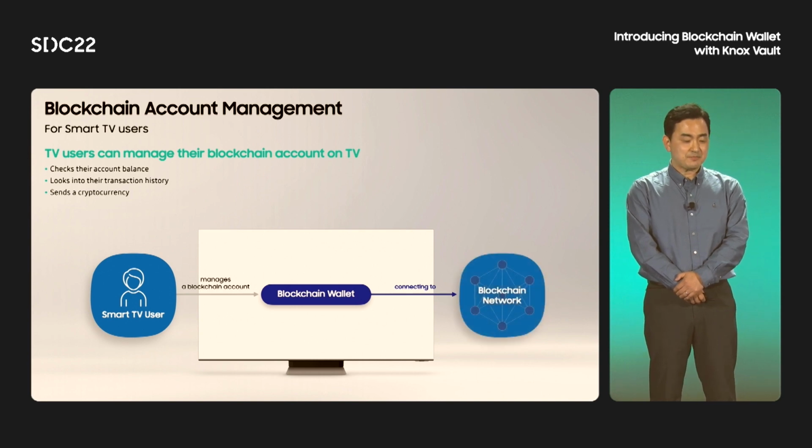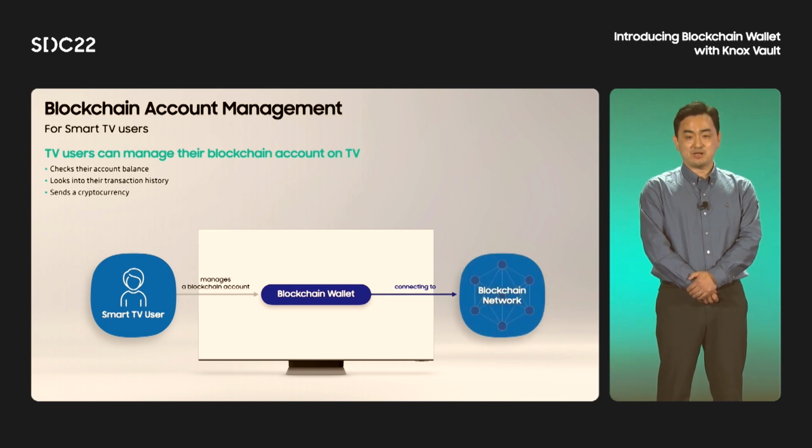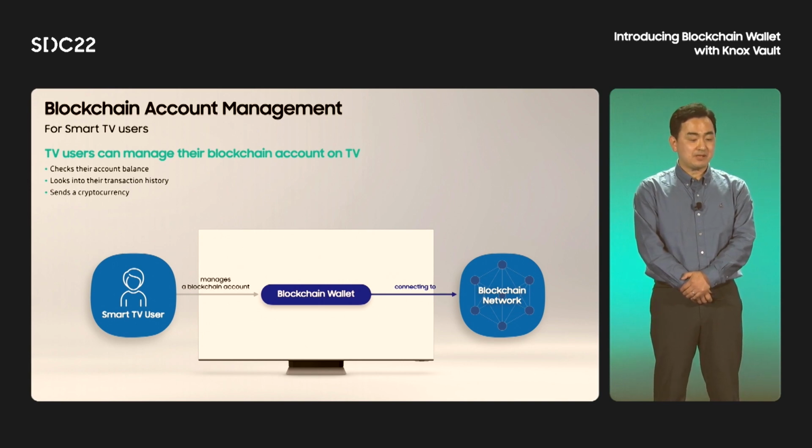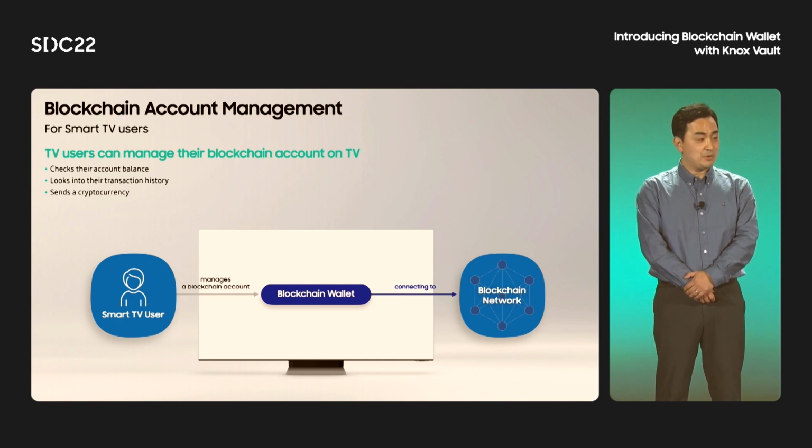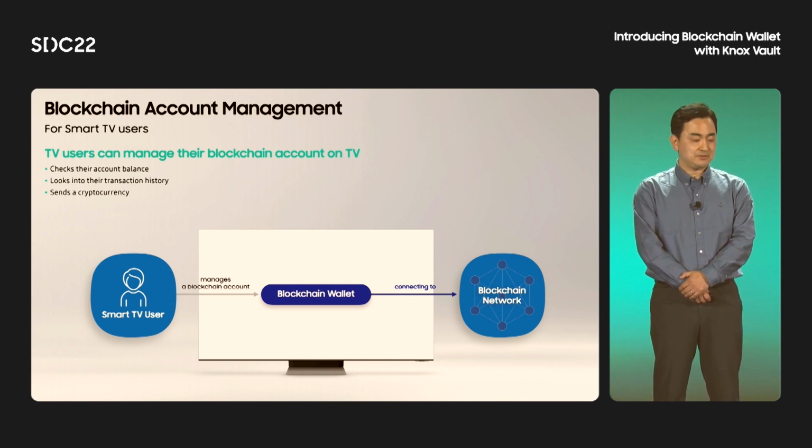By using Samsung Blockchain Wallet app for Smart TV, they can manage their blockchain account on their TV without any additional device, such as smartphone or PC. So they can check their account balance, review their transaction history, and send their cryptocurrency to another account on TV. We will keep adding valuable functions to our blockchain wallet app.